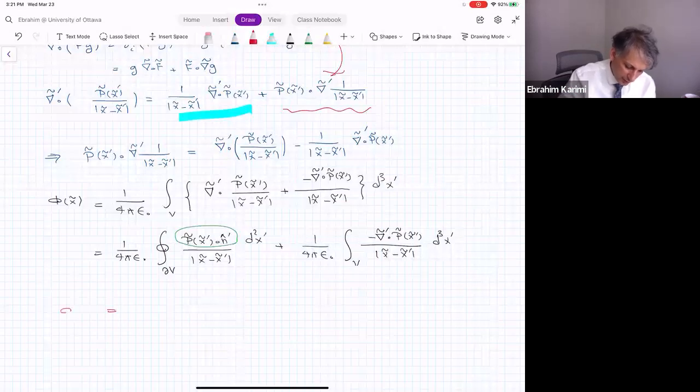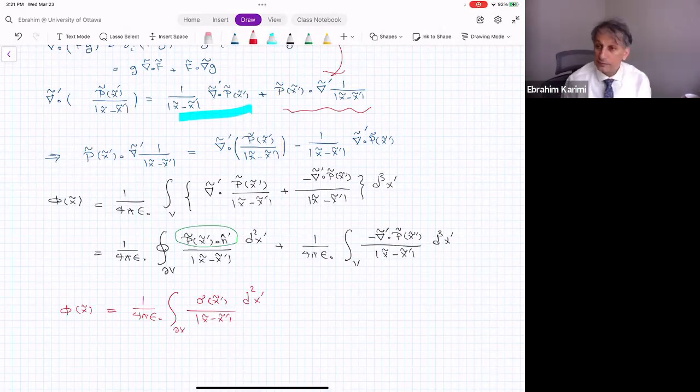In general, if you remember that we had the potential, if we had the charge distribution on a surface, we had 1 divided by 4 pi epsilon 0 integral of sigma of x prime d2 of x prime over x minus x prime, and that was on the surface.